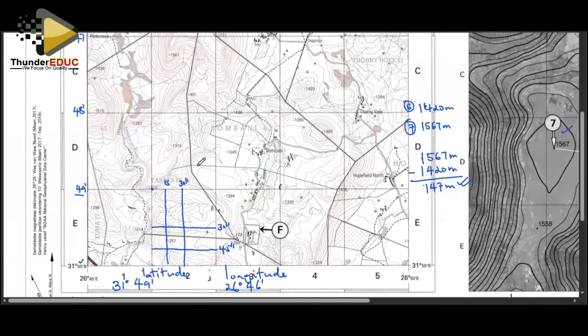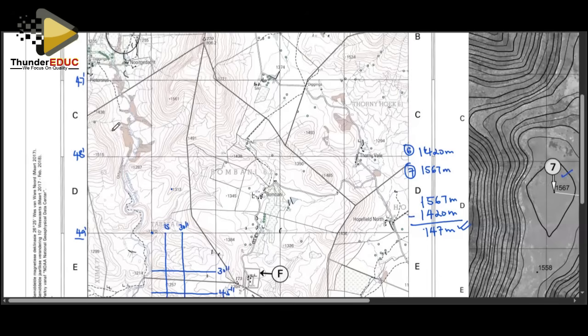Block D2, our spot height 1313 is here. And we also need to identify the other point, which is in block C1. Here is 1430, 1515.